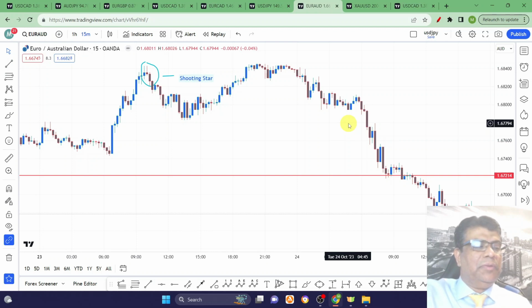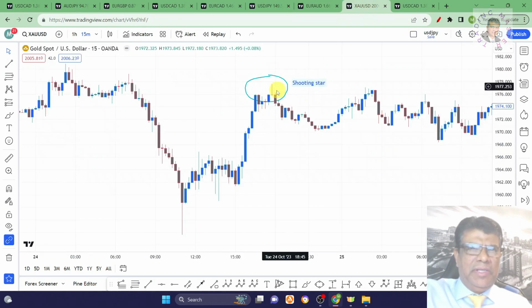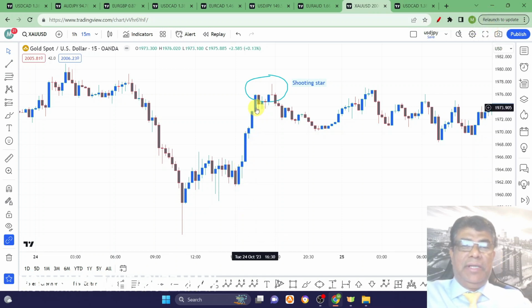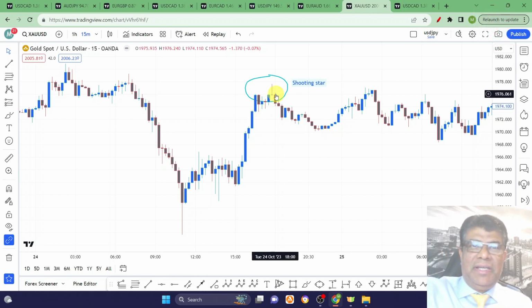Okay, so look, this is a perfect shooting star right here, and look, it created the swing high. Look at the reason I did not count all this in between. Look at this, it is 1 2 3 4 5 6 candlesticks. It went up, and then finally, this is the one.